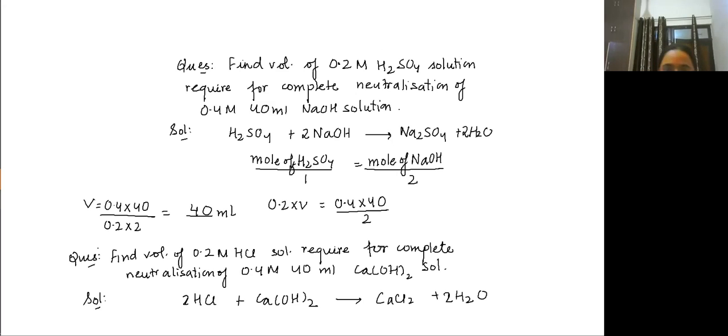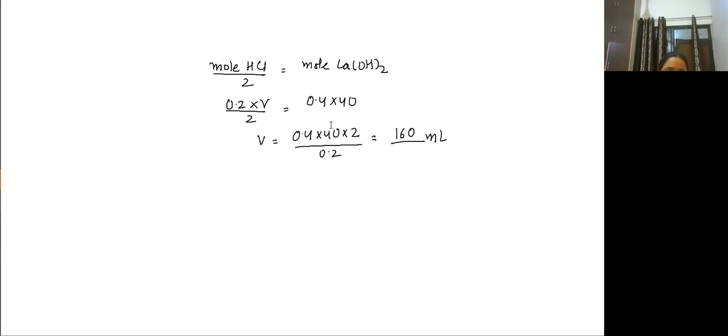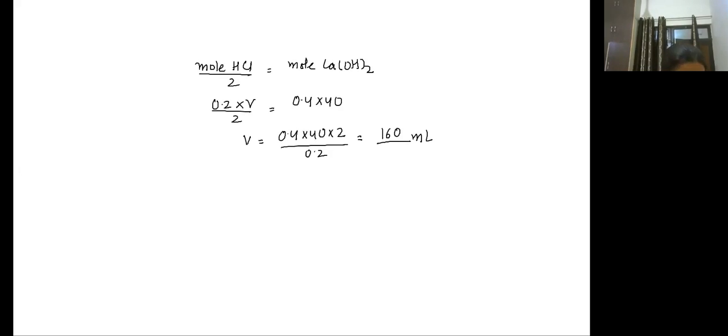Moles of HCl is 0.2 into V. Moles of calcium hydroxide is 0.4 into 40. So V equals 0.4 into 40 into 2 divided by 0.2. On solving this, what will you get? 80 into 2. You will get 160 ml.